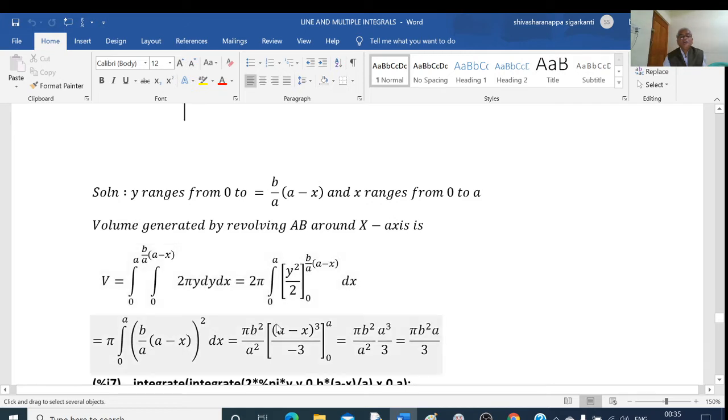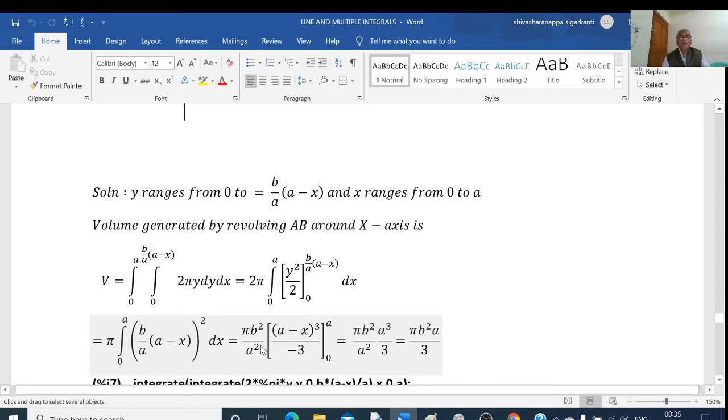Now here this 2 gets cancelled. Then this will be pi integration 0 to a. Substituting the upper limit here, b by a into a minus x to the power of 2.